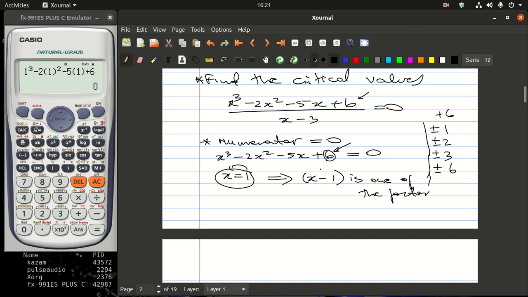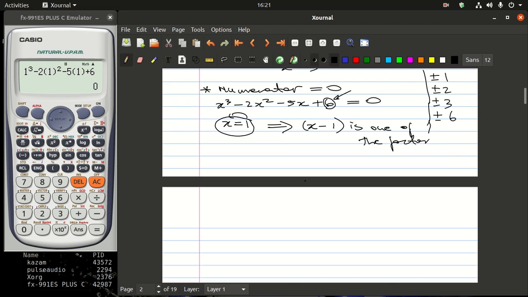So how do we move forward then? Of course, we said x minus 1 is the solution. So to use the long division to factorize that, we place a 1 outside, and then we take the coefficients of this particular expression here. So we have a 1, and then a minus 2, and then a minus 5, and then a positive 6. We take this 1, drop it there, and say 1 times 1 is 1.